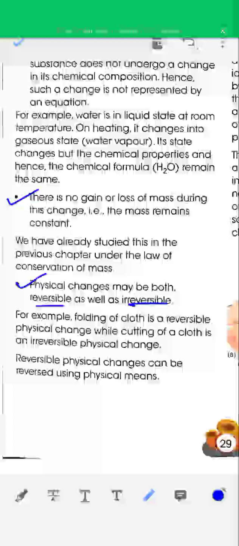For example, folding of clothes is a reversible physical change, while cutting of a cloth is an irreversible physical change. So a physical change may be either reversible or irreversible.